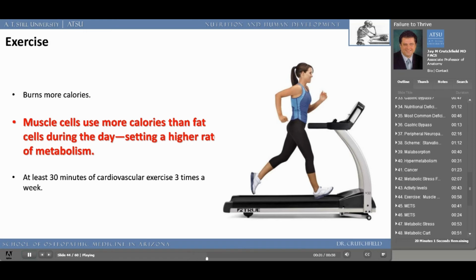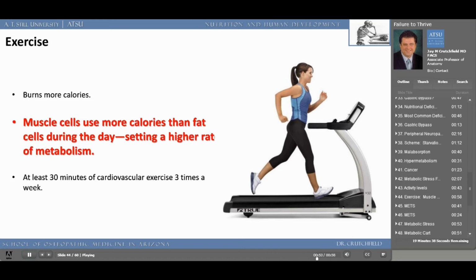You don't want to exercise and go into starvation mode. You only want to burn amino acids and proteins if you are in starvation mode. We need to prevent that when we exercise. With this knowledge, you can help explain to your patients what they actually should be doing when they exercise.